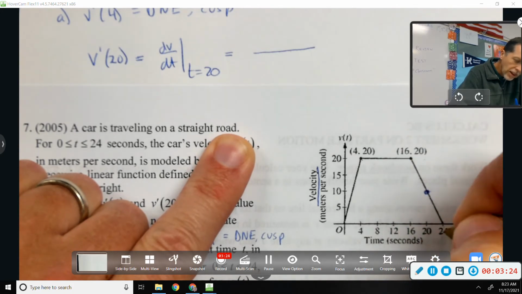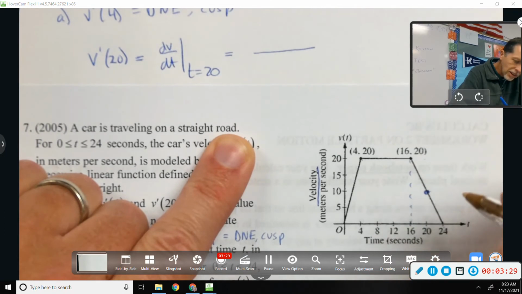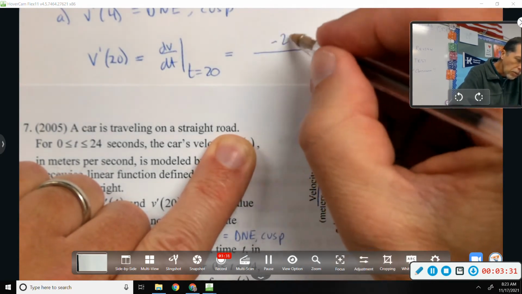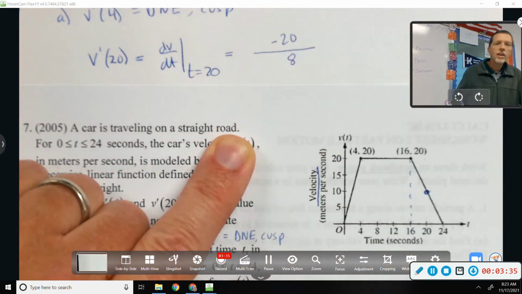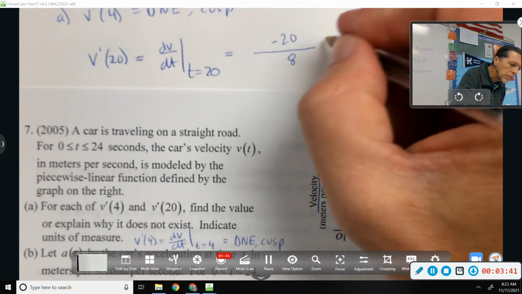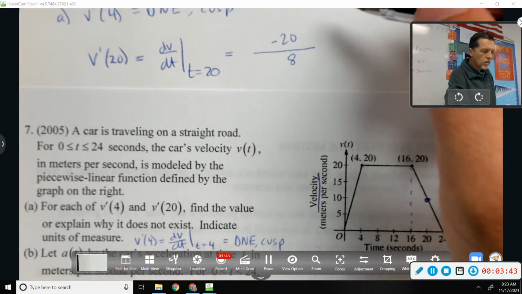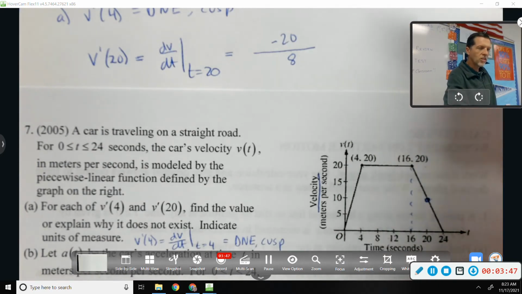So it goes down 20, so our rise over run here: rise is negative 20 and run is 8. And that would be an acceptable answer. Negative 20 over 8. Units. So you said it was acceleration. So what are units of acceleration? Meters per second squared.